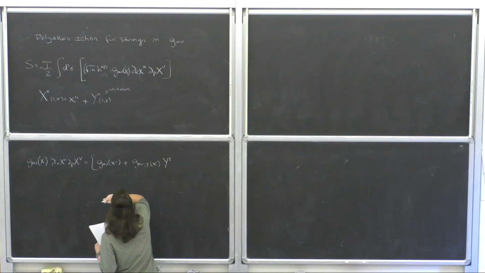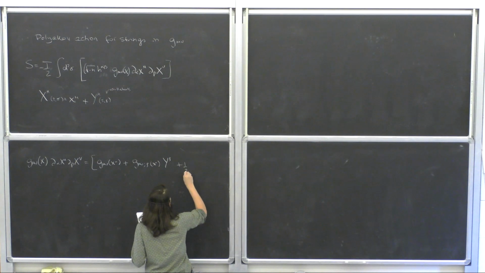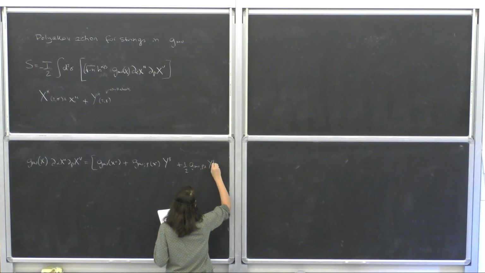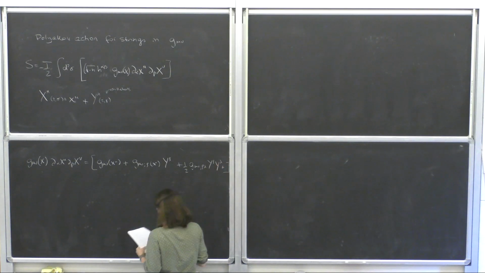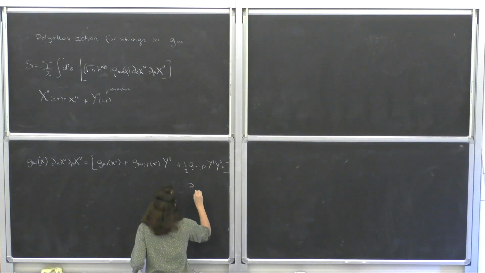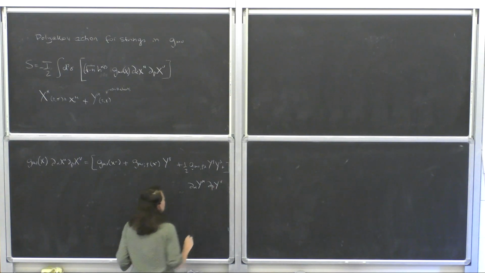This is the part, these are the oscillations, plus 1/2 of G_{μν,ρλ} y^ρ y^λ, plus higher-order expansions, and then this is ∂_α y^μ ∂_β y^ν.